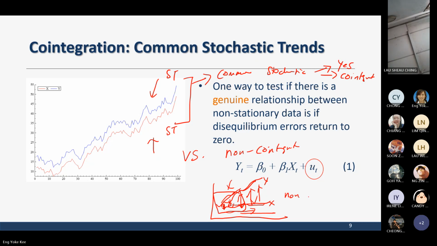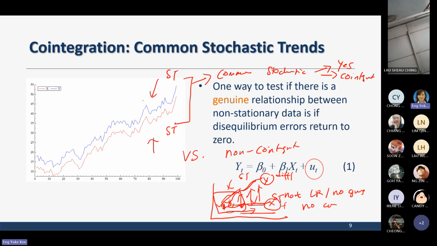This is no long-run relationship, no genuine relationship, no co-movement, because the stochastic trend in X and the stochastic trend in Y are different. They are heading towards different destinies. They are not meant to be together.